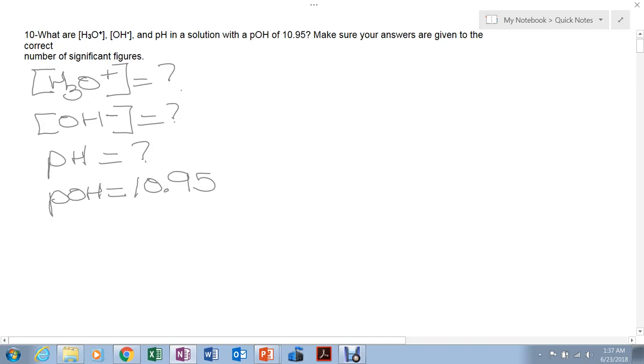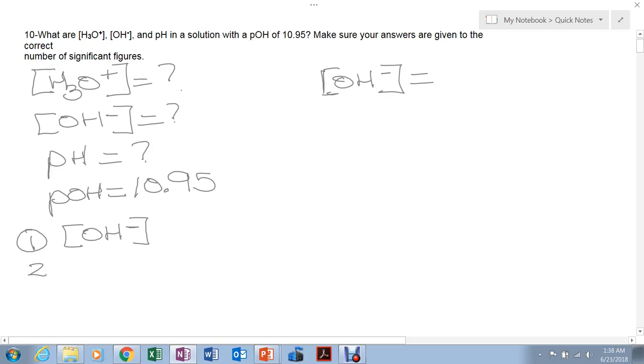With the pOH, you know you can find the concentration of hydrogen, the same thing as we did with that. The first step is finding the concentration of OH negative from pOH.